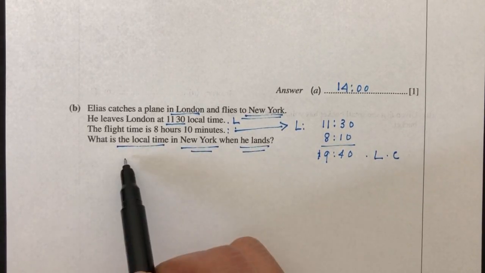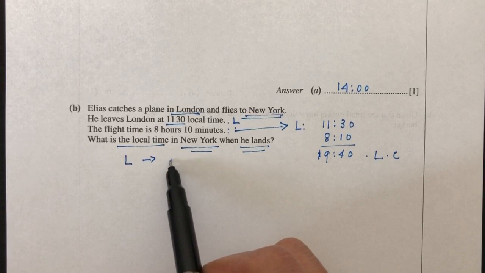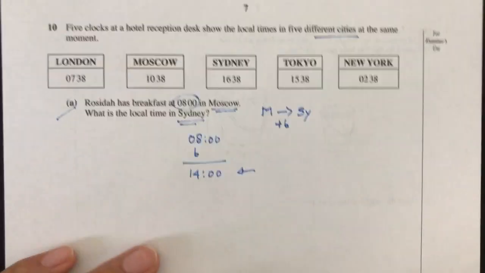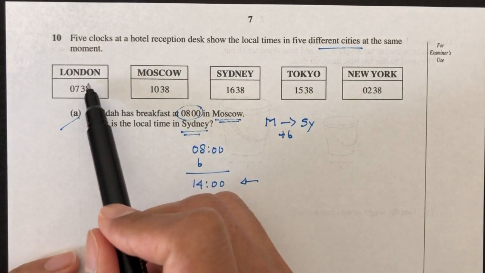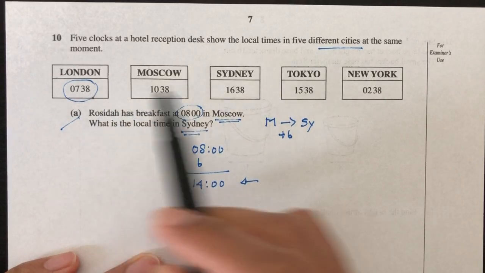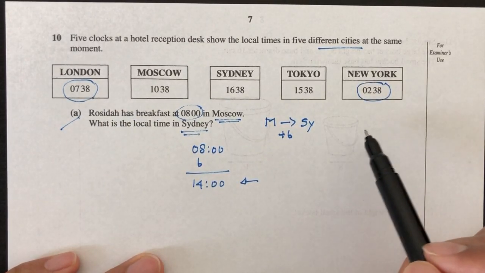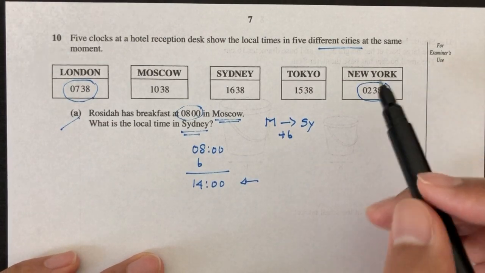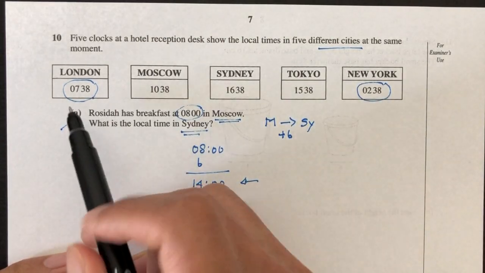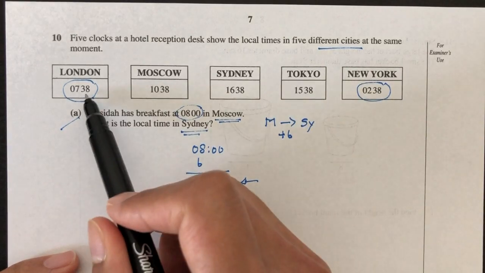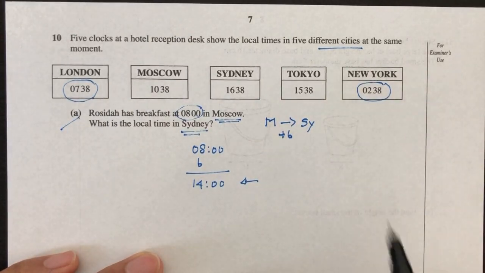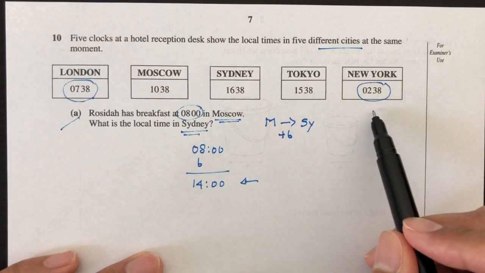So we have to find the difference in time between London and New York. Let's see. Here the time in London is 7:38 and the time in New York is 02:38. So what is the difference in time? You would do minus. This one is earlier than this, so you do this minus this. That will be 5 hours earlier.